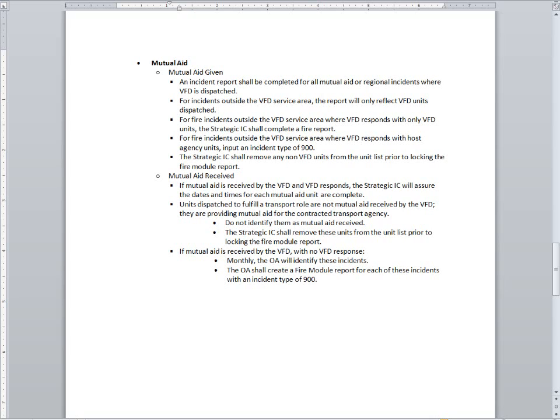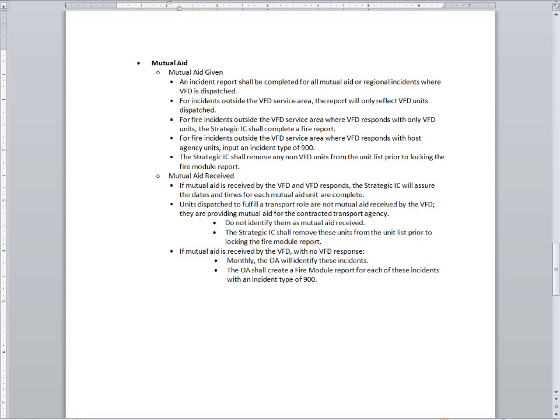The last bullet under mutual aid received is if mutual aid is received by the VFD with no VFD response. So there's a call that occurs. For whatever reason, we have no resources available or close. In those instances, our operations analyst is actually going to audit all reports on a monthly basis to identify these kinds of incidents, and the operations analyst is actually going to create a fire module report for each of these incidents, inputting an incident type again of 900.